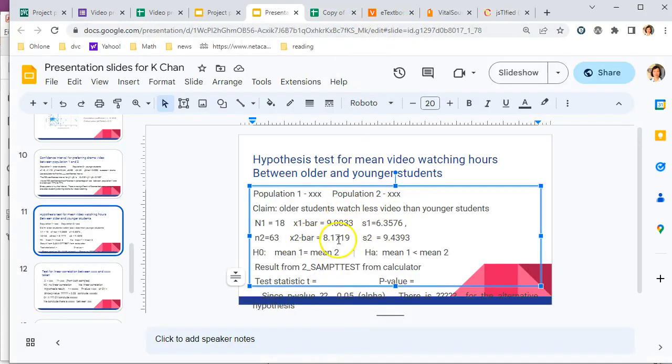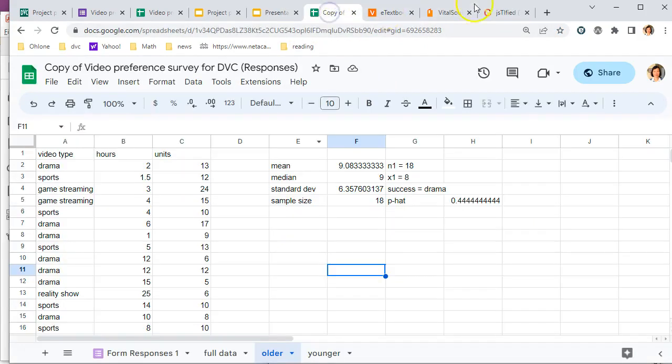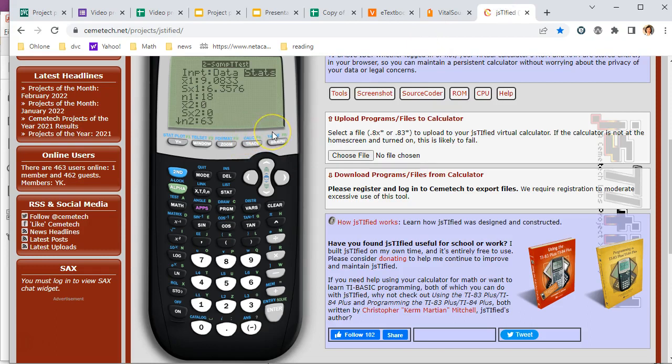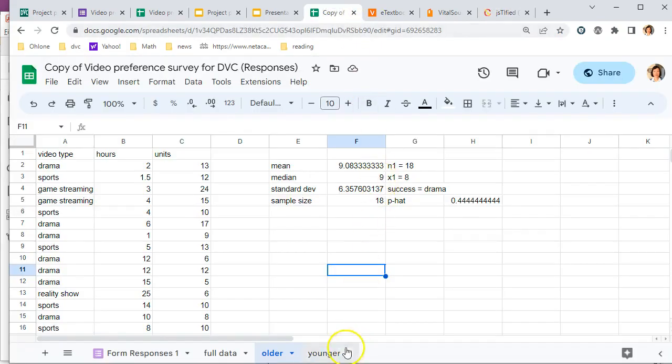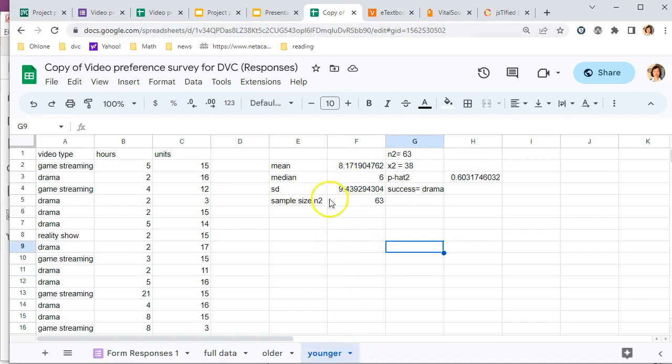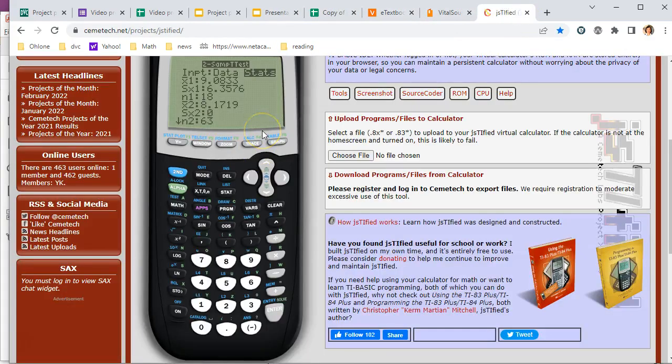X bar 2, I can do it here: 8.1719. S2 is 9.4393.